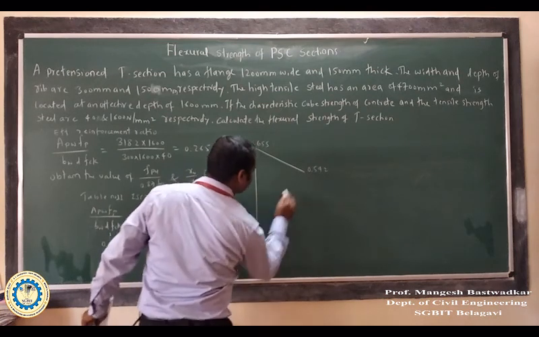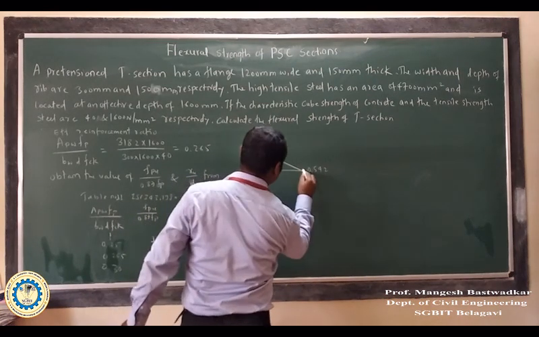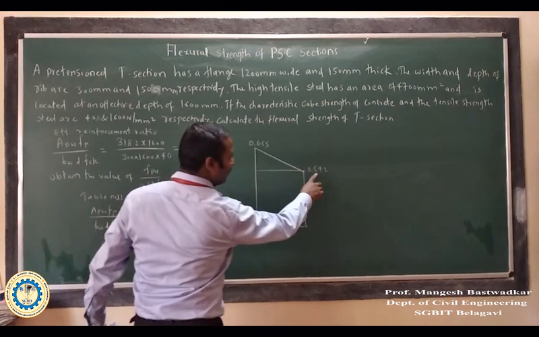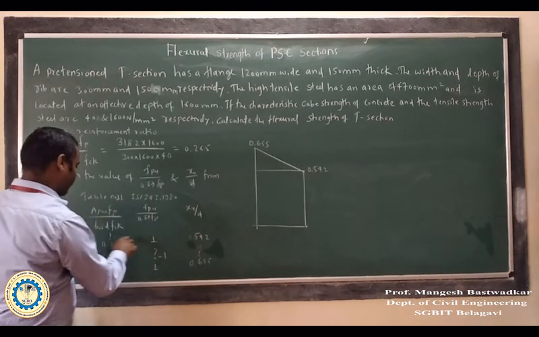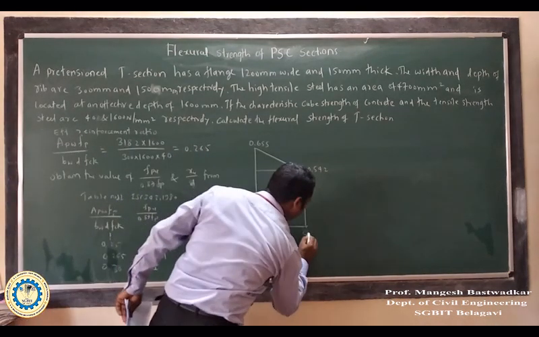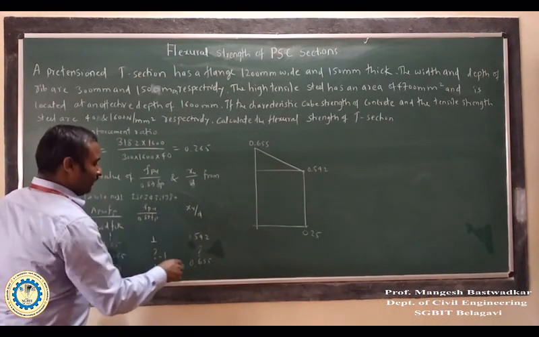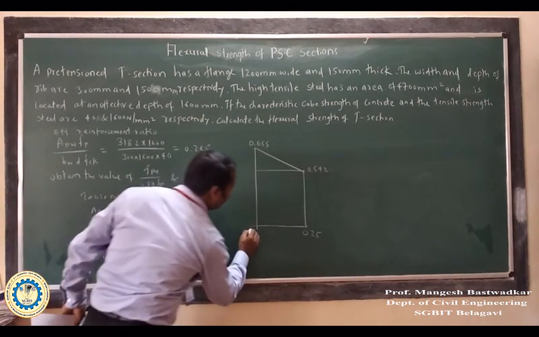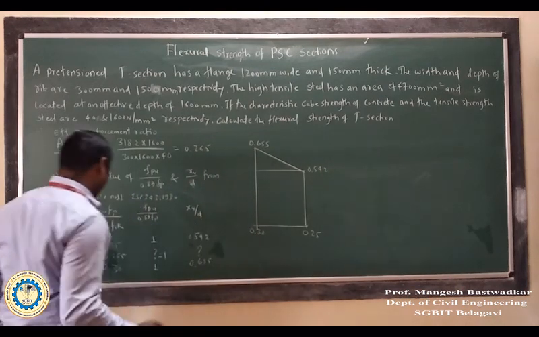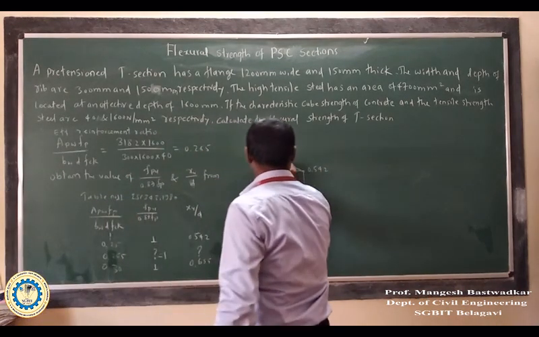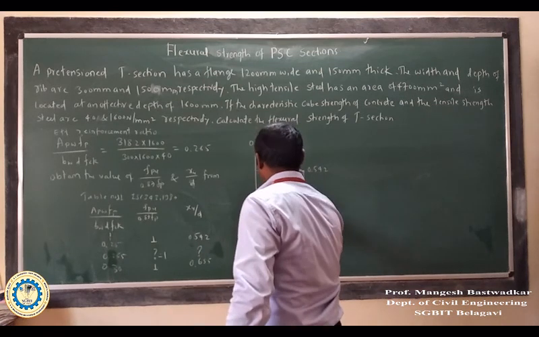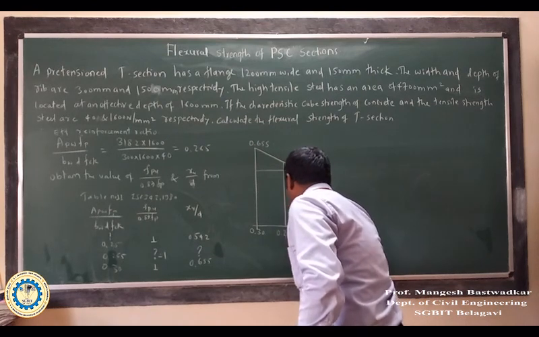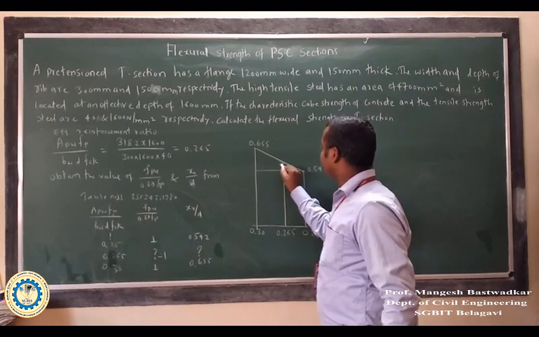Write the corresponding values here. For XU by D 0.542, the effective reinforcement ratio is 0.25, and for XU by D 0.655, the corresponding value is 0.3. Now we need to calculate the XU by D value for 0.265. So now consider this is X.